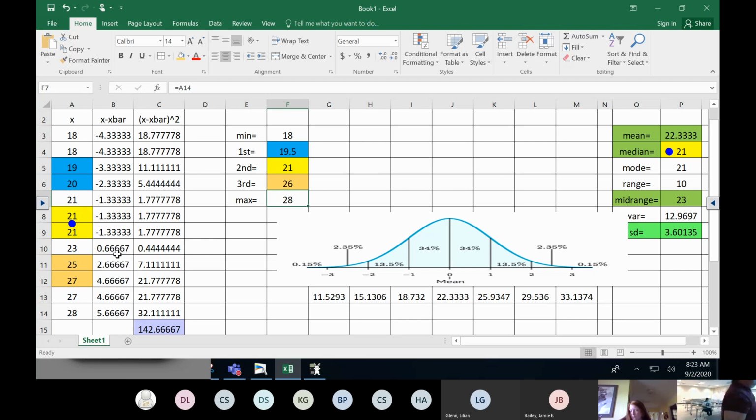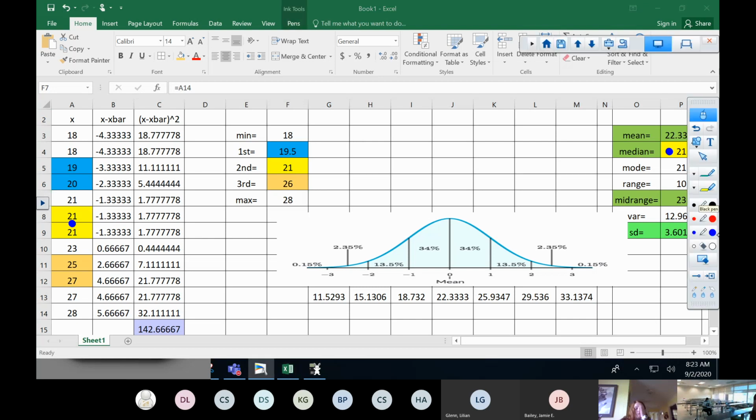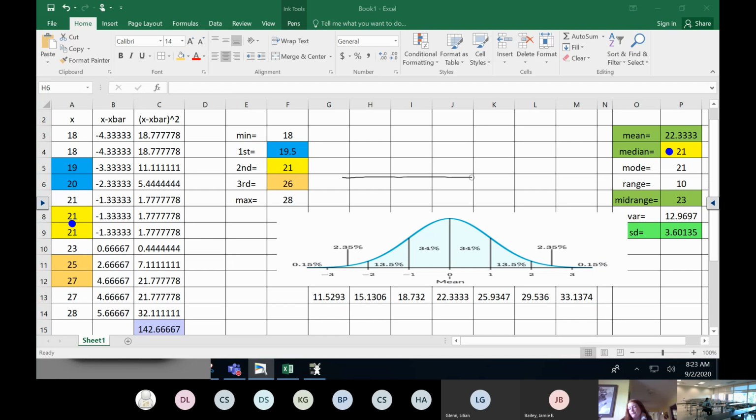The number line is going to consist of the min, the max, the min is 18, the max is 28. The mid-range is what? 23? That's what the number line consists of.